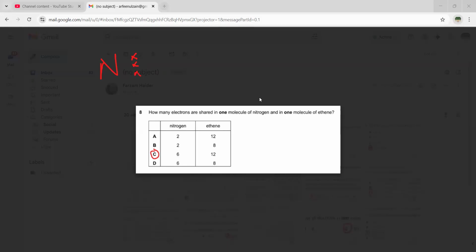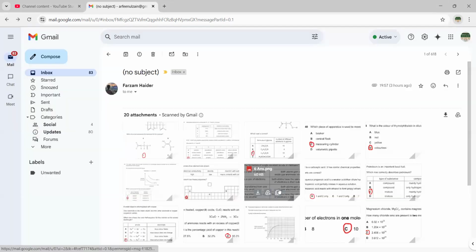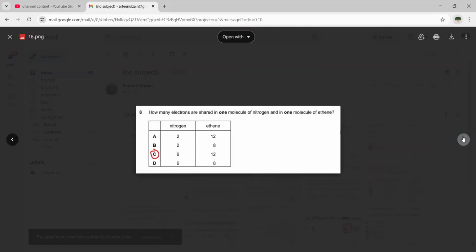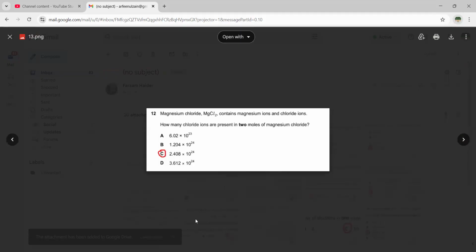If they ask about atoms, okay, yeah, good question. Let's say they ask about atoms in the previous question, for example, a molecule like H2O, and they ask how many moles of atoms are there in 2 moles of water.